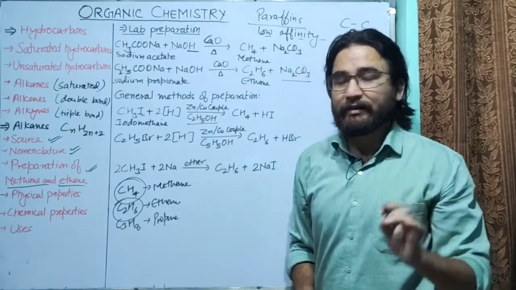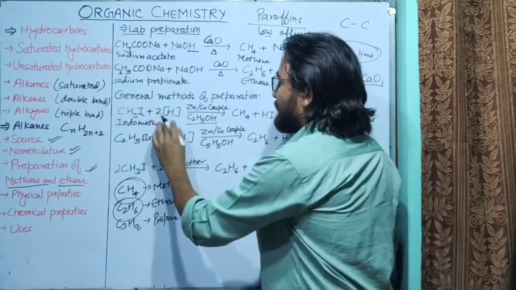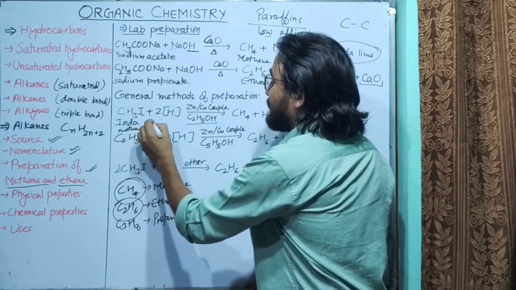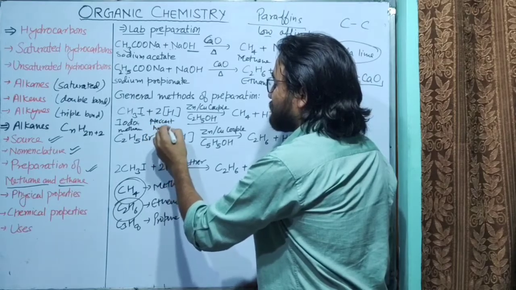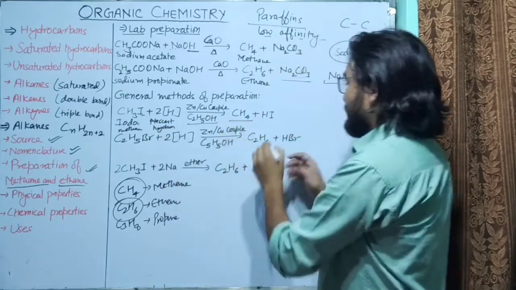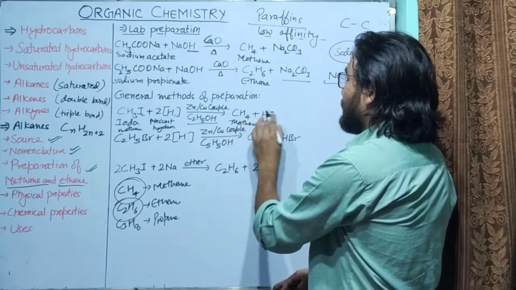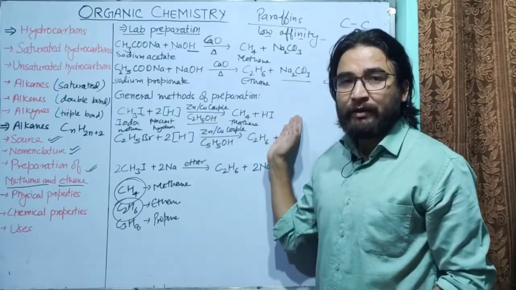It acts as catalyst and the source of hydrogen. So this is iodomethane, and this is nascent hydrogen. So nascent hydrogen gives you CH4, that is methane, and hydrogen iodide. So this is how we can prepare methane.